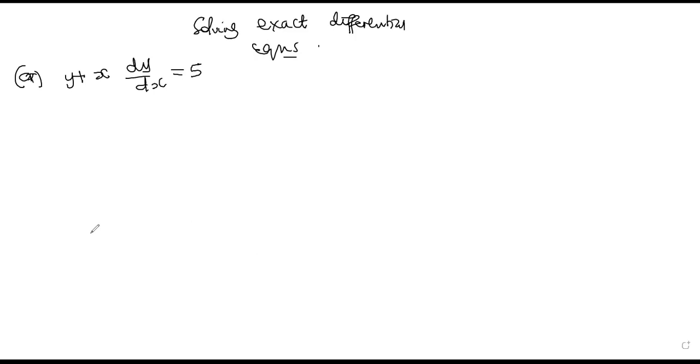So after testing that a given differential equation is exact, it means that the terms on the left-hand side are a result of the derivative of the main function.